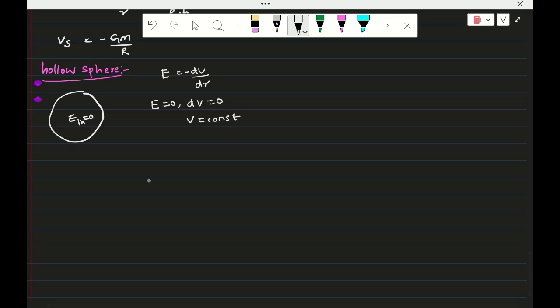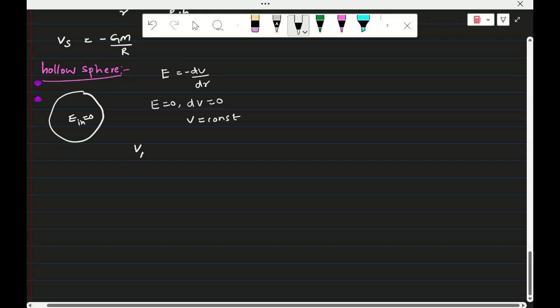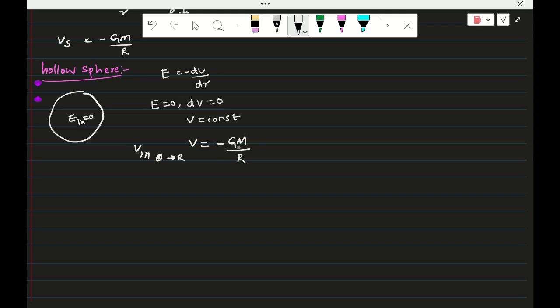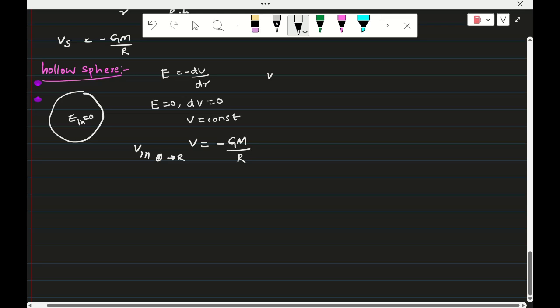So if you understand this, V in from 0 to R is equal to minus GM by R. So everywhere from 0 to R, the surface, the potential is constant. V out, the potential for a point outside, is equal to minus GM by small r, or R plus h. This is small r.